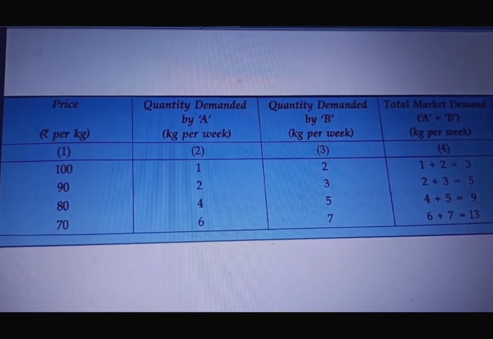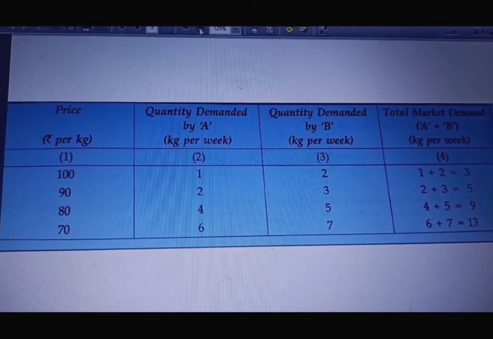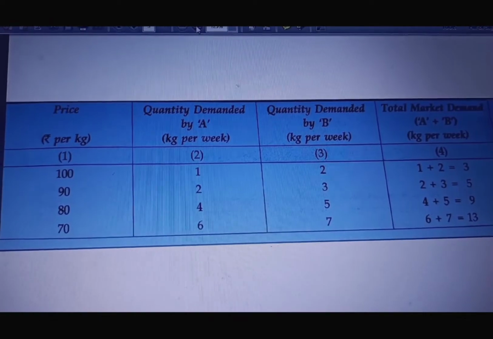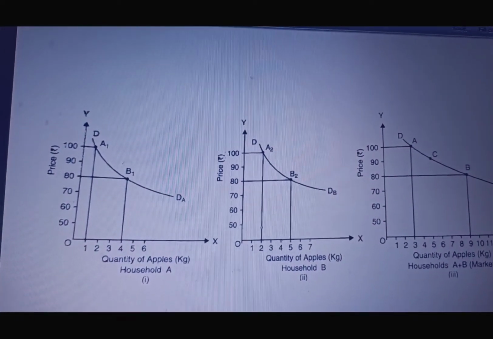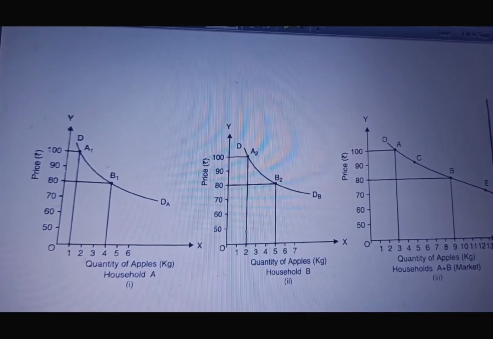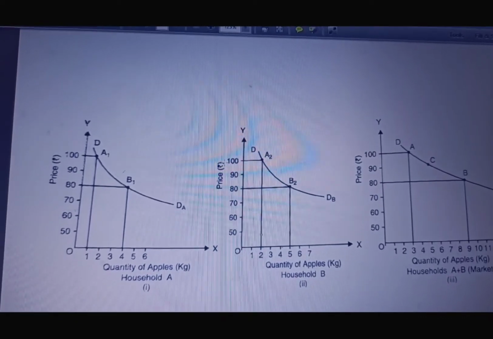We first make the demand curve of A, then the demand curve of B, and then we add both and make the demand curve for the market. So here we have all three demand curves. Let us have a look.